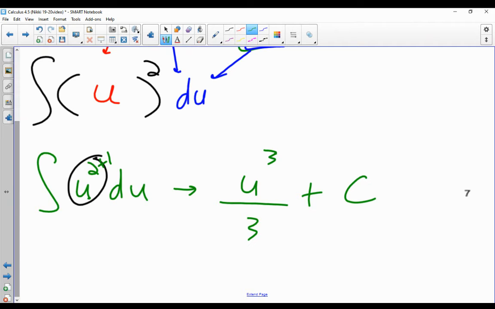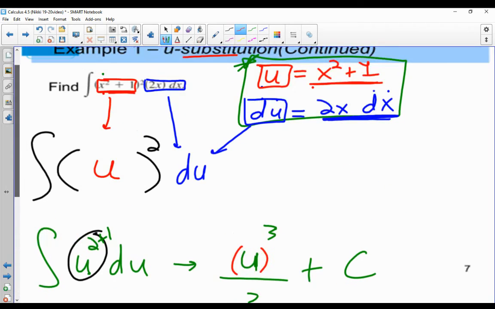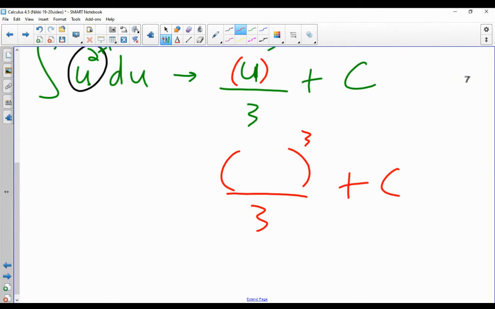Well, that's 99% of your answer. Because you see here, we only used this letter u to help us do the antiderivative. But now that we have the antiderivative, we don't need that u anymore. We can put back the original part. Let's get x squared plus 1 back where the u was.